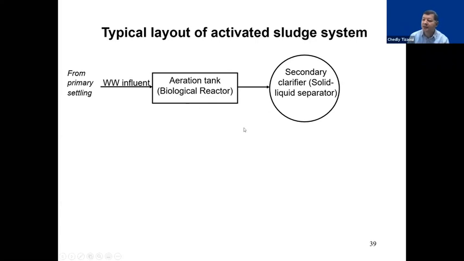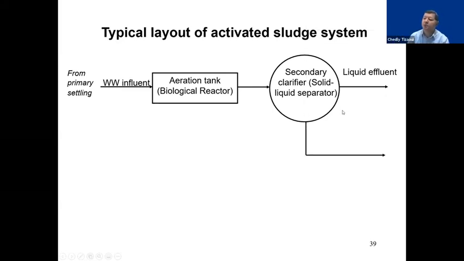Once you do that in the biological reactor, you pass the flow, which involves water and solids of the microorganisms, into what we call a secondary clarifier. And that's simply a solid liquid separator. You obtain in that secondary clarifier the liquid effluent at the top, and in the bottom you obtain the solids part. And when I say solids part, don't think of it like rocks.